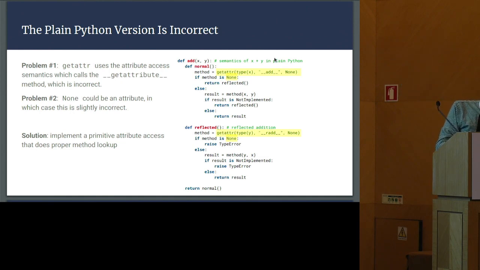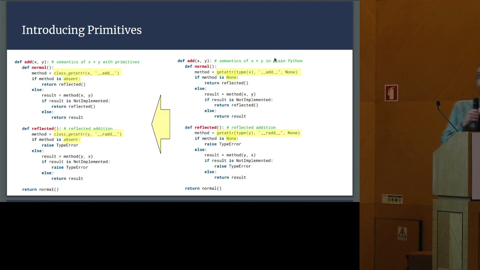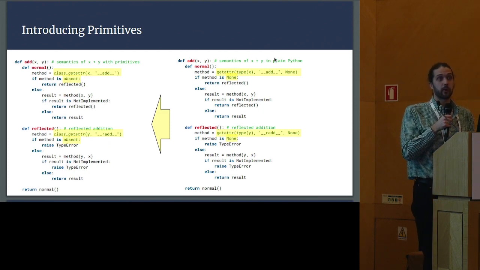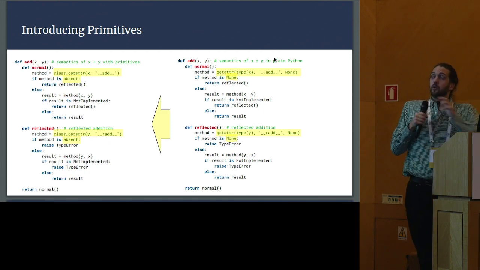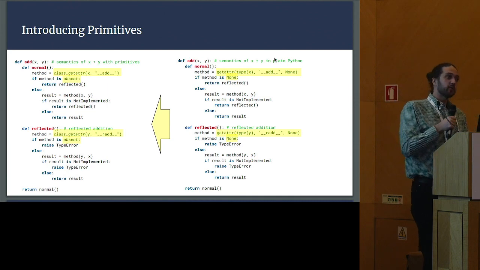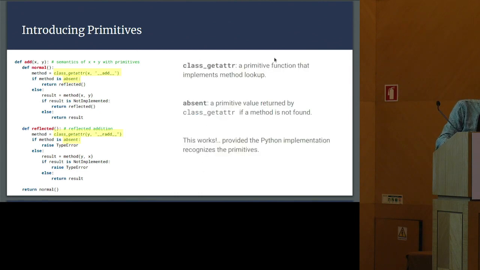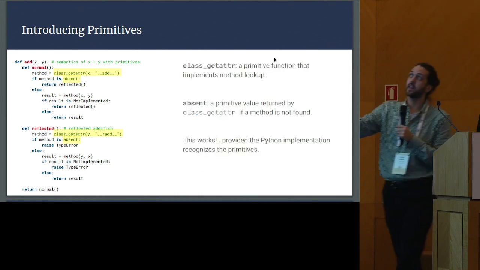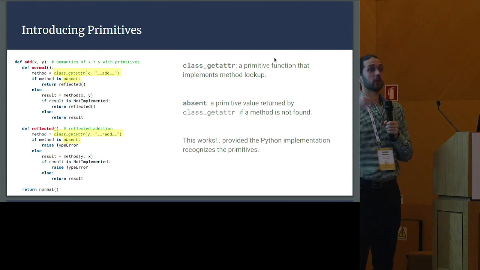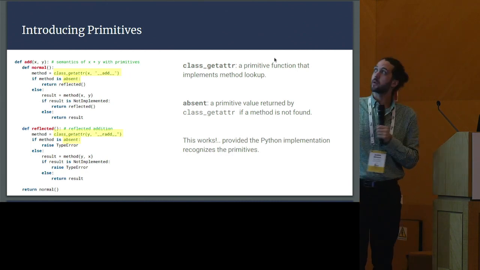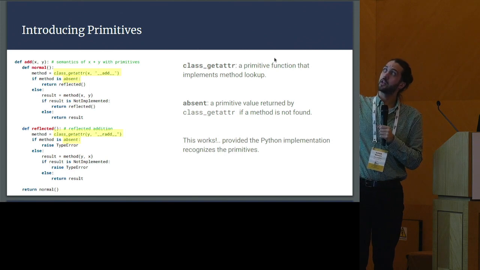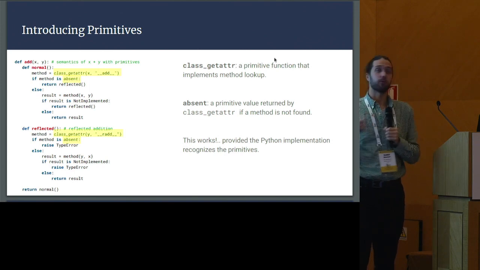And what we found out to work was to add primitives to our implementation. So we still write it in Python, but we ask the compiler which wants to read this semantic to recognize some primitives. You have 2 primitives on the left, which are class getattr, which does that lookup on the type and its parent, and this function here will return another primitive, which is called absent.